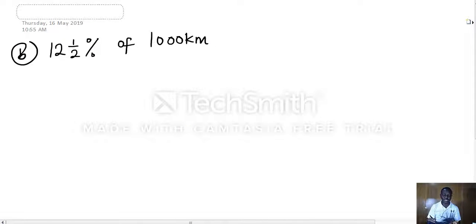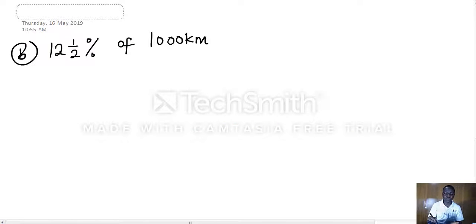Let's take another example. Example 2 says 12.5% of 1,000 kilometers. So what do we do? Remember what you said concerning percentage. You first of all divide the 1,000 kilometers into 100 and pick 12.5 parts of it.